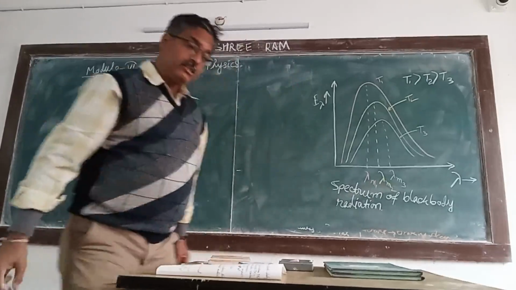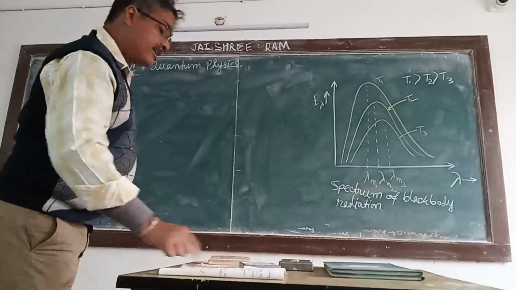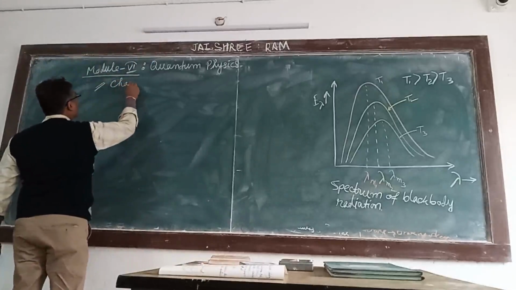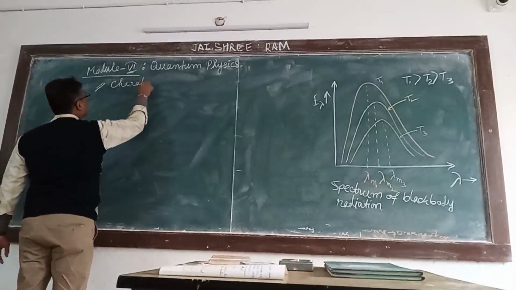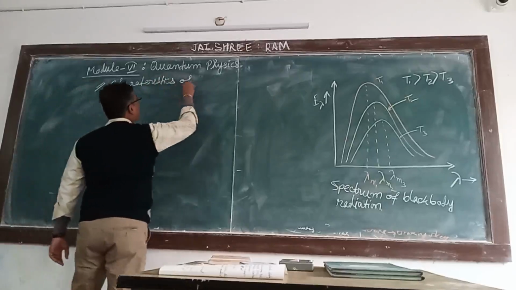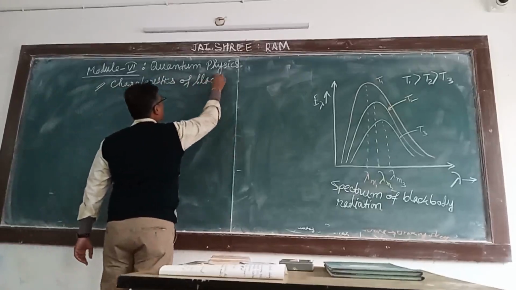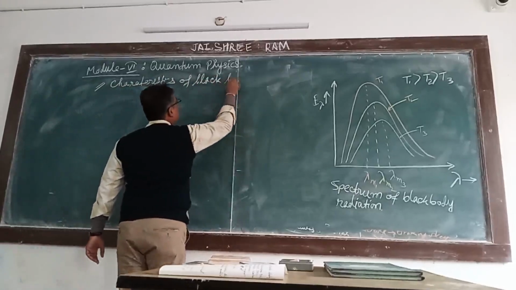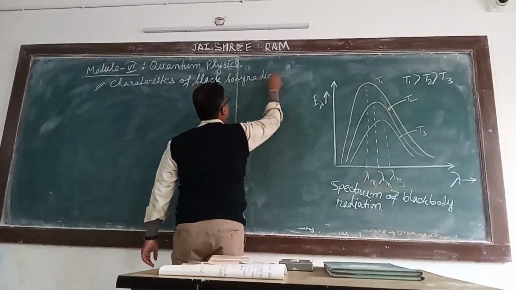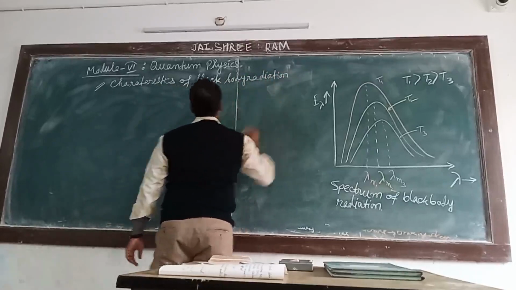The characteristics of the black body radiation spectrum.